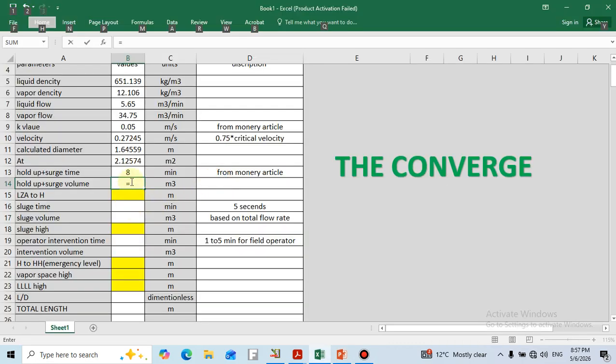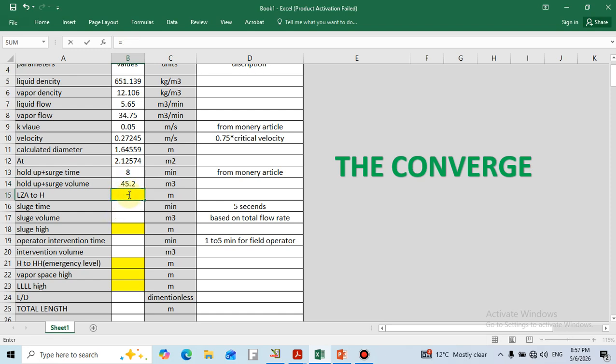So this cell can be calculated by multiplication of this cell and the liquid flow rate. I missed the multiplication sign; its exact value can be determined this way.